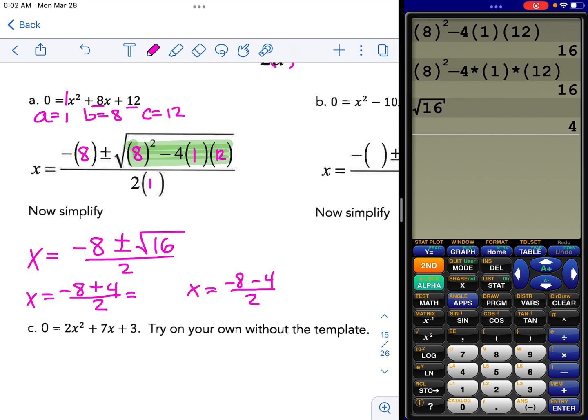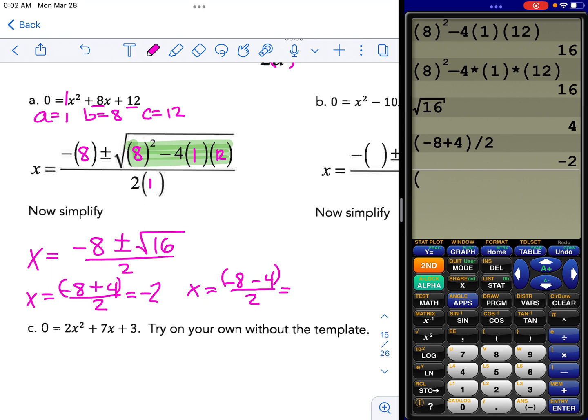Okay, and then if we're going to do this part on a calculator, then what we need here are brackets. Because a fraction is nothing more than the grouping operation. So you can do that, minus 8 plus 4, and then divided by 2. That's what it's going to look like on your calculator. That's negative 2.